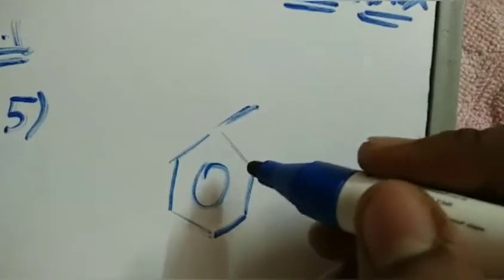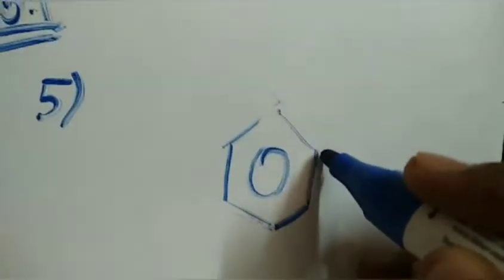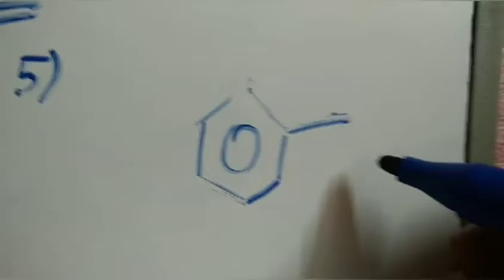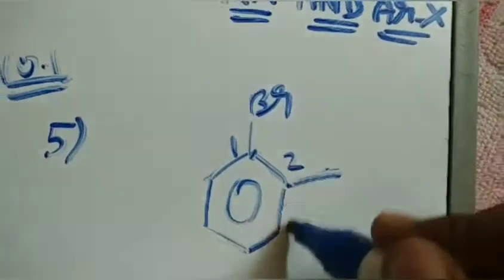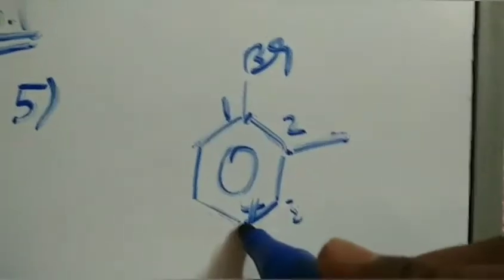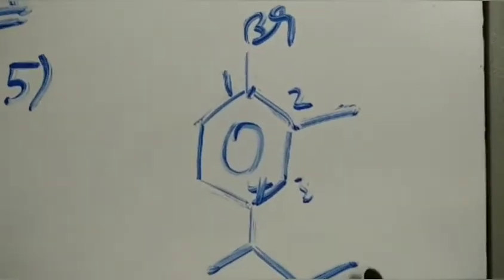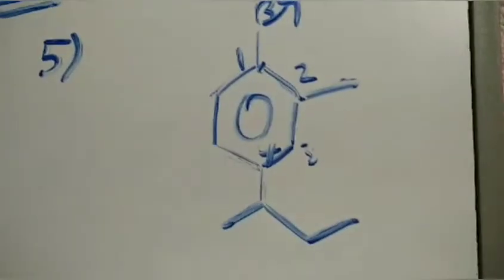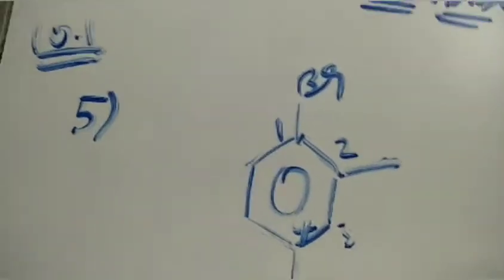Generally we consider this as the first position, but they have considered 2-methylbenzene, so I'm considering this as second for the methyl. Then 1-bromo is here, and 4-sec-butyl: 1, 2, 3, 4, secondary butyl means this one. So this is the structure of 1-bromo-4-sec-butyl-2-methylbenzene. These are the 5 questions of 10.1.